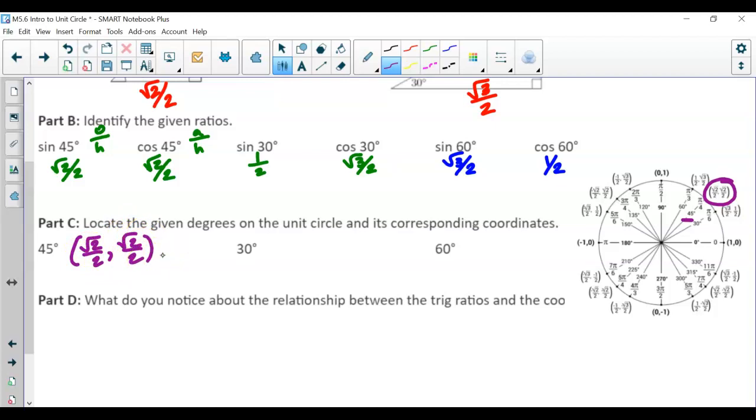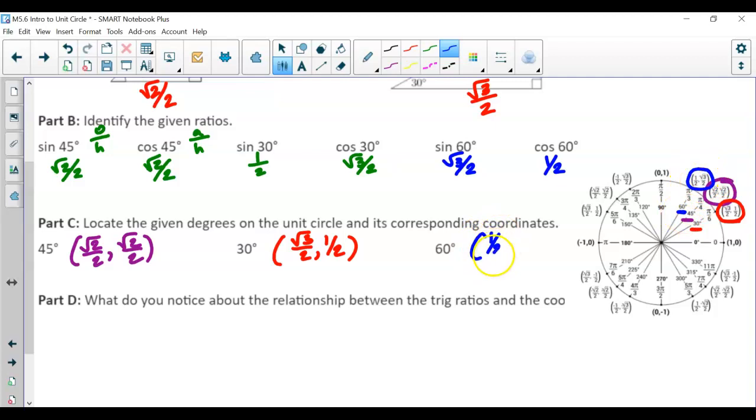Go ahead and pause the video and identify the 30 and 60. So here for 30 degrees, you should have identified this coordinate here. So this is radical 3 over 2, 1/2. Then for the 60 degrees, right here, here's our coordinate.